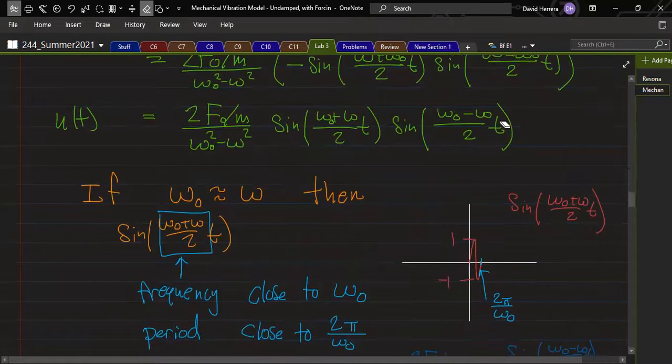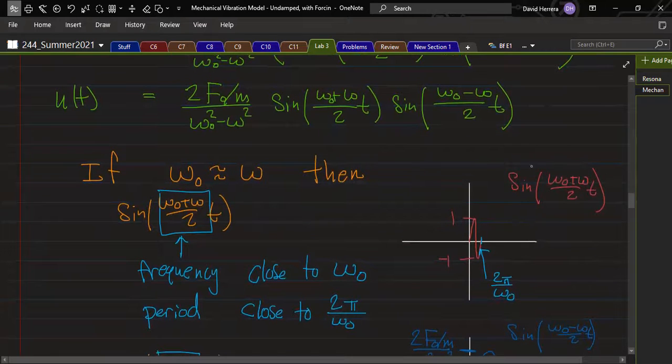So we have u of t is this expression here, and we want to explore what this expression looks like. So there's two things you can do. You can try graphing it when omega naught is close to omega, or you can just not do that. We're going to do both. So I write this here, but it doesn't necessarily apply.